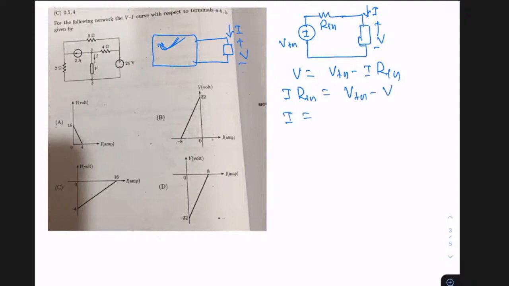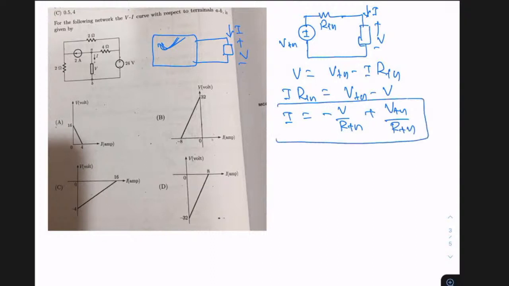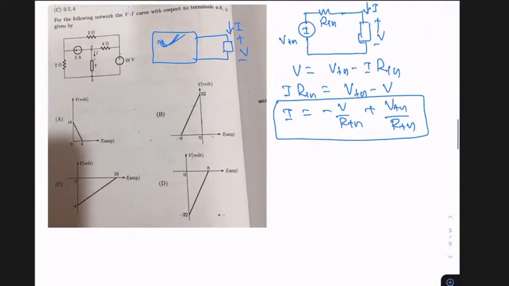I is equal to minus V by RTH plus VTH by RTH. So this is the equation. Once we get the values of VTH and RTH and put them in this equation, we can draw this particular graph. So indirectly, the question is to evaluate the values of VTH and RTH. The same information, but twisted in a slightly different way.